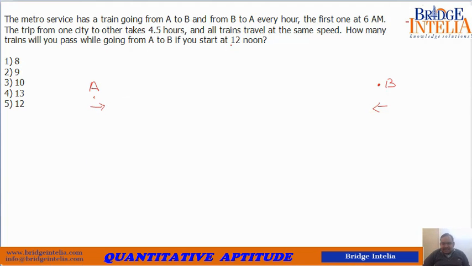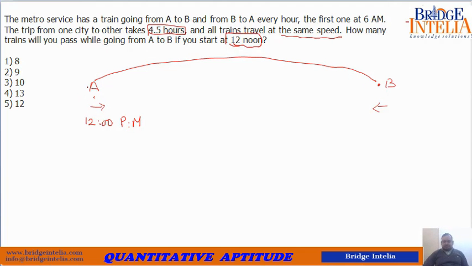Now the question is, you have started at 12 noon from this side. It is also known that one train takes 4.5 hours to reach from A to B or from B to A, because all the trains travel at the same speed.